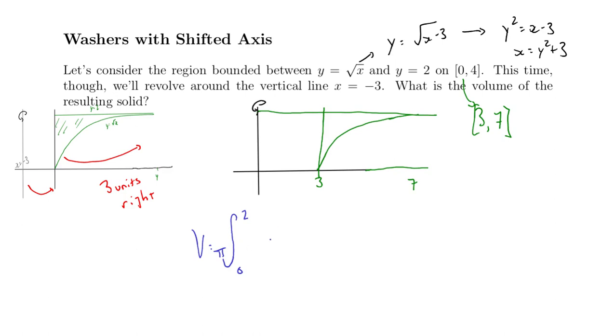We've shifted things to the right. Our outer function is this one right here. It's this square root function, which we're writing as y squared plus 3. And our inner function is this one right here. So we still have 3 squared. So notice this is the exact same thing. There's no difference, but you can think about it a little bit differently by just applying these transformations of functions to shift to the left or right here.